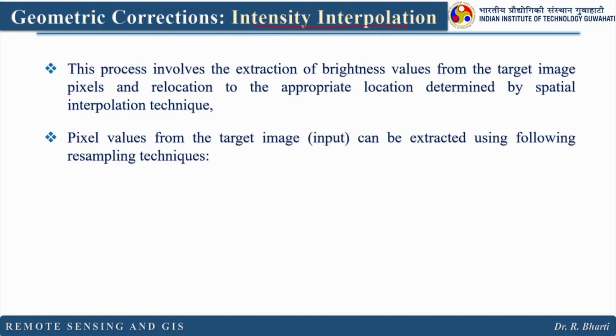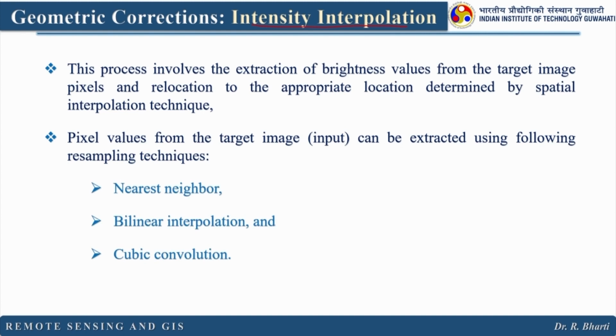So, how are you going to do it? There are some logics we use here. Pixel values from the target image can be extracted using the following resampling techniques. The first one is nearest neighbor, then bilinear interpolation, and the third one is cubic convolution.